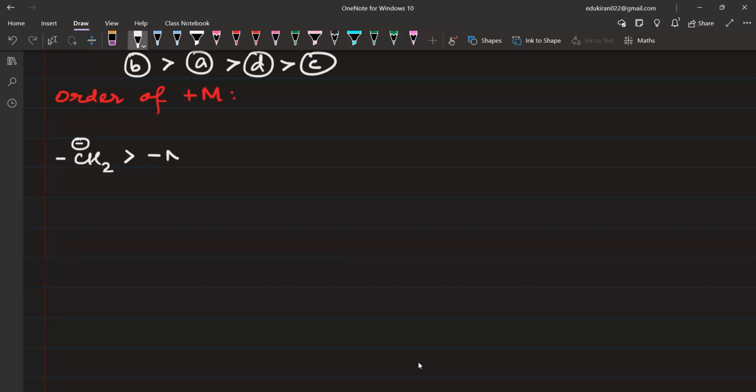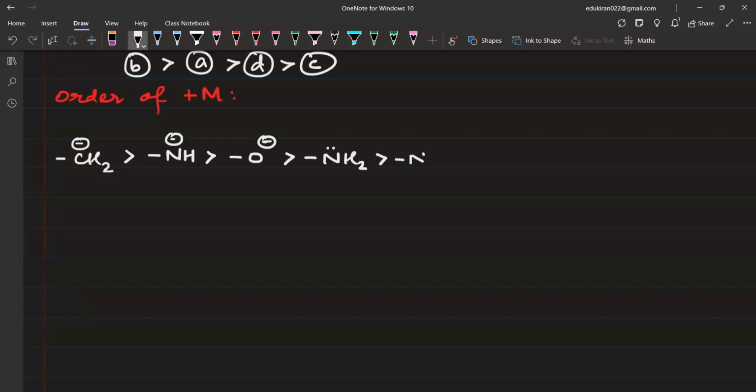Followed by NH negative. Followed by O negative. All of these are having negative charge, but the difference is that oxygen is more electronegative, so it will give the electrons a bit reluctantly. It will be resistant to giving the electrons, then nitrogen, and then carbon. Then comes the neutral. In neutrals, we'll obviously be having NH2 with a lone pair.